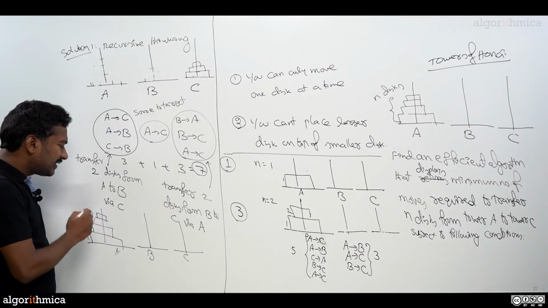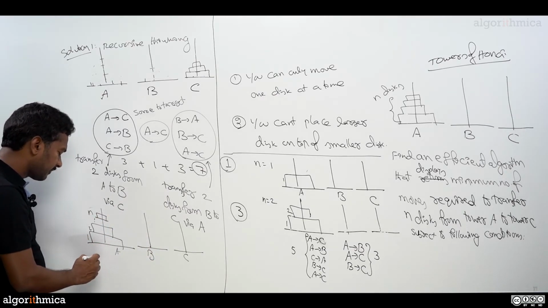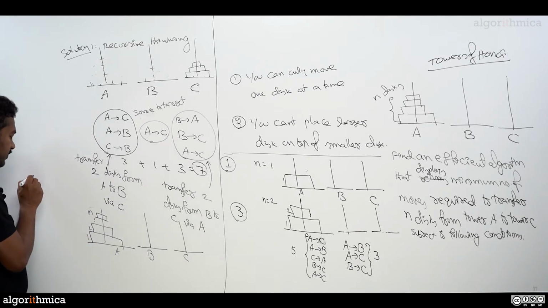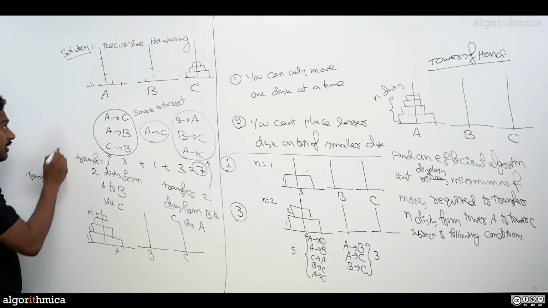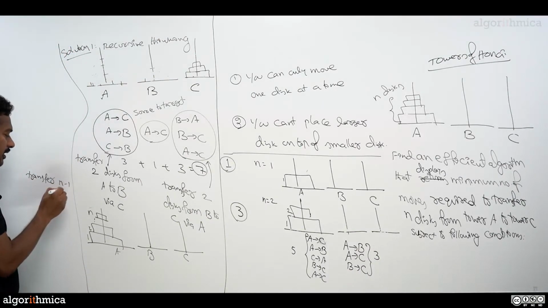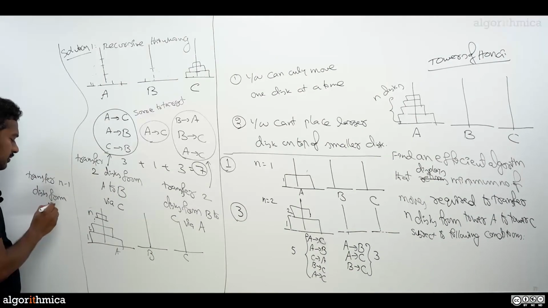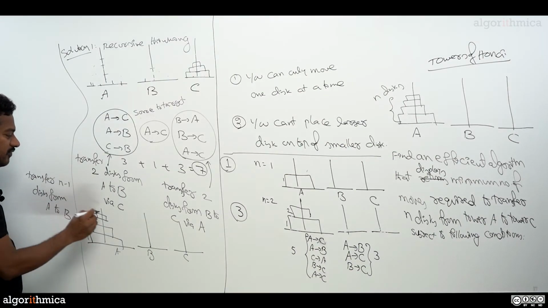To transfer n disks from A to C, all you have to do is first transfer n minus 1 disks from A to B. This is the first step.